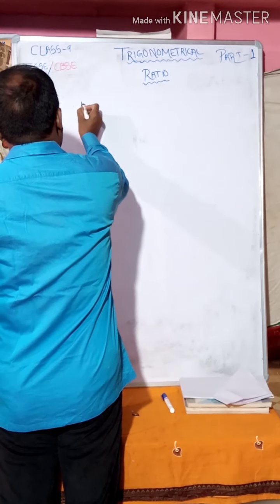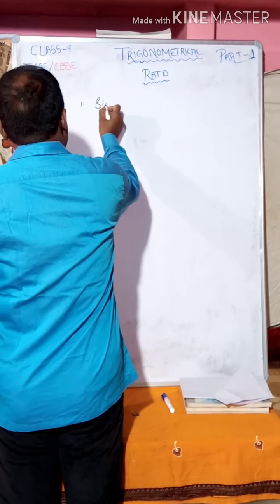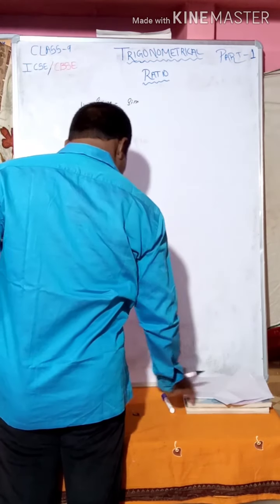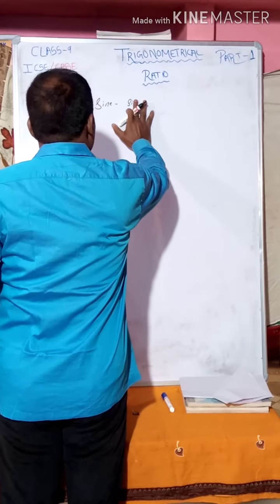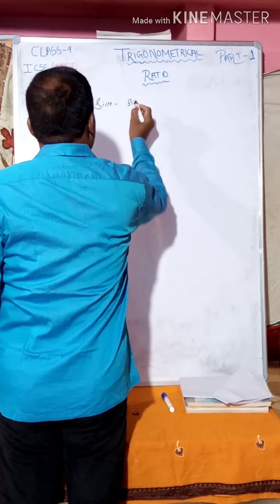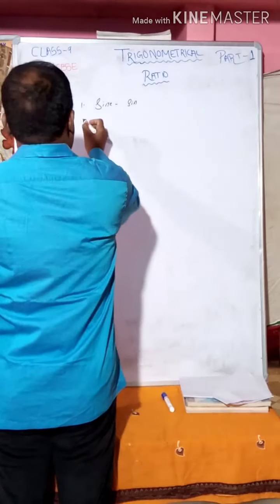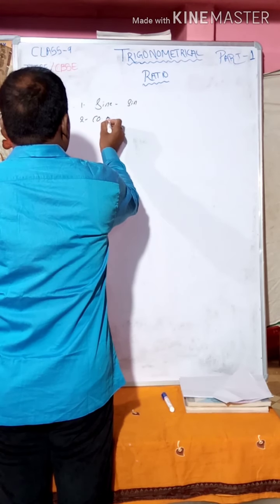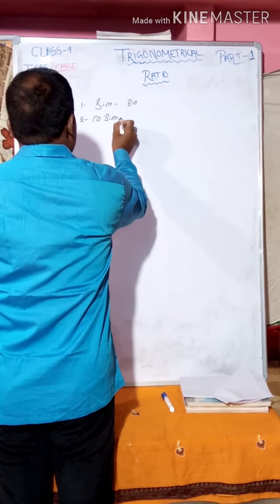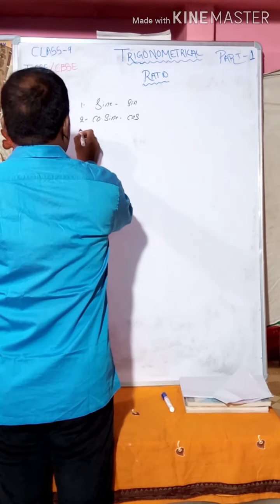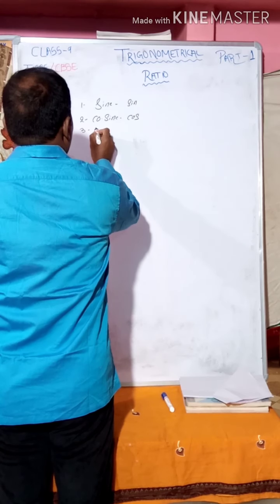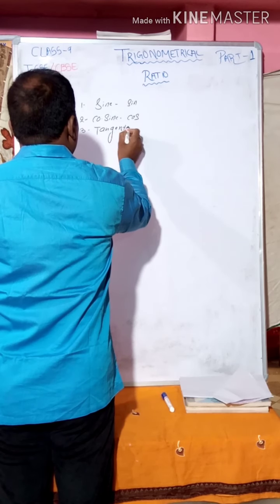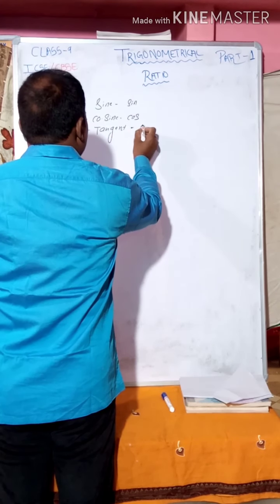Number 1, sine, S-I-N-E. Simply we write sin. Number 2, cosine, that is cos. Number 3, tangent, that is tan.